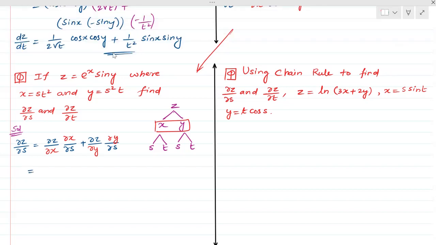Now thereafter it is very easy. You can calculate z with respect to x. So what is it? e power x sine y, where e power x differentiates to e power x and sine y is a constant since we are differentiating with respect to x. Plus with respect to y, e power x cosine y.